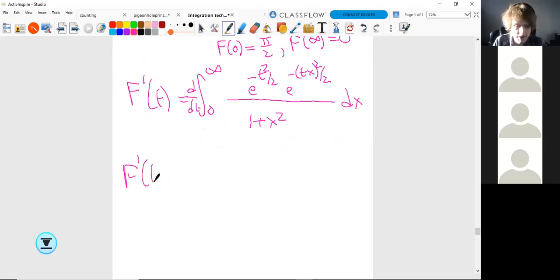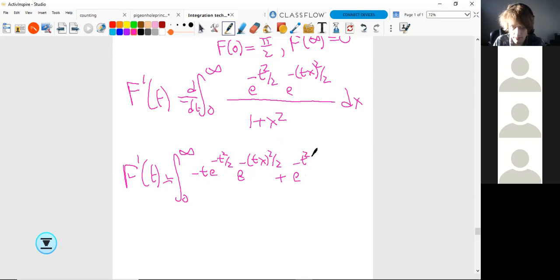So we get F prime of t is equal to the integral from 0 to infinity of the derivative of this thing, which is going to be minus t times e to the minus t squared over 2 times e to the minus t squared x squared over 2, plus e to the minus t squared over 2 times the derivative of this.